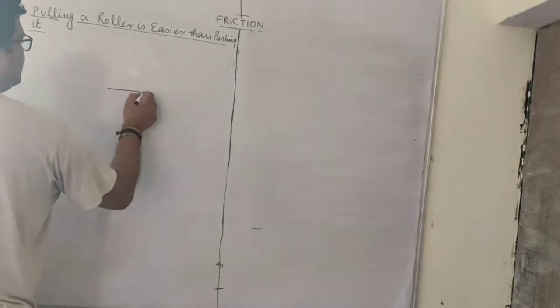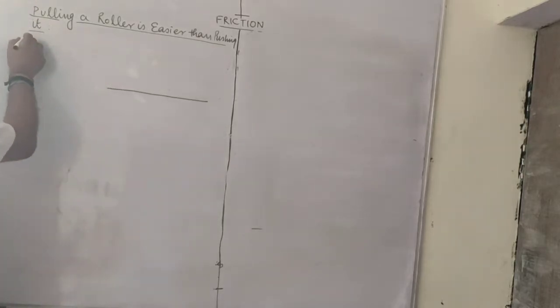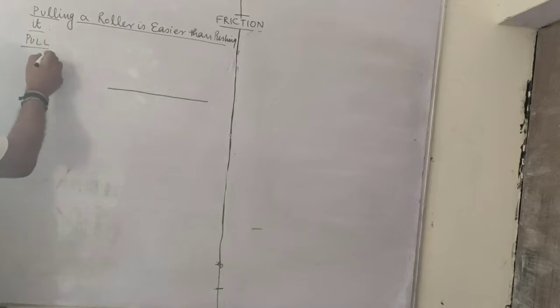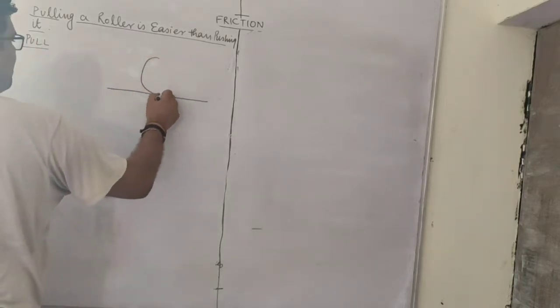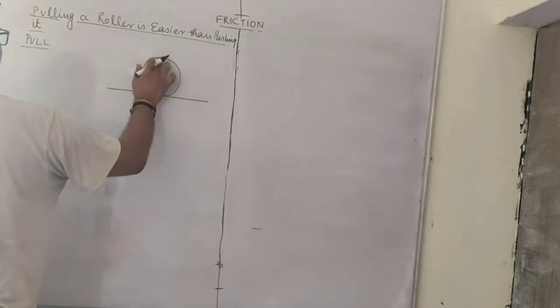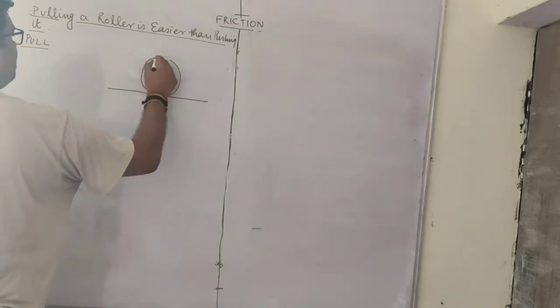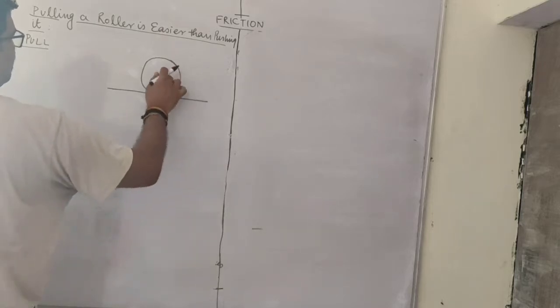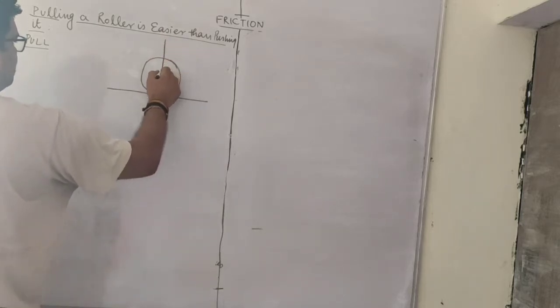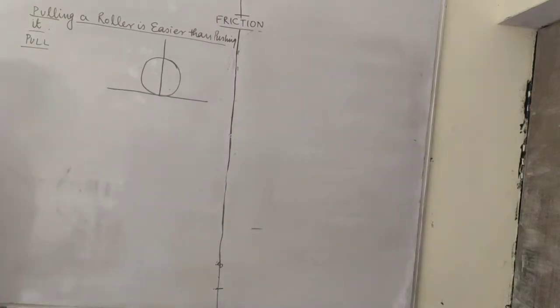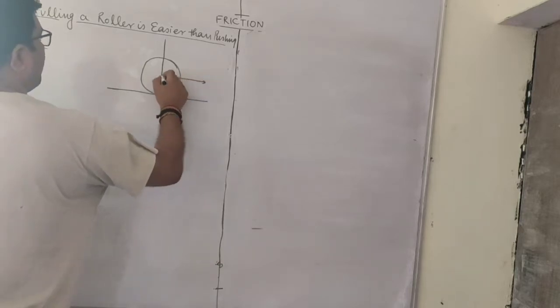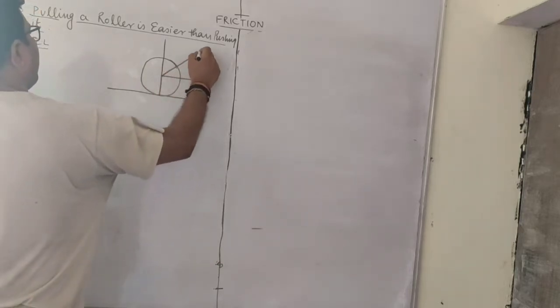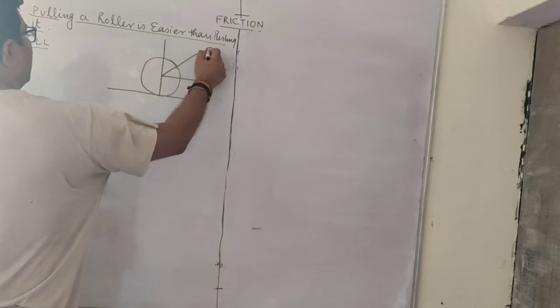You see the diagram? This is the case of pulling. This is a roller. This is how we are pulling it.